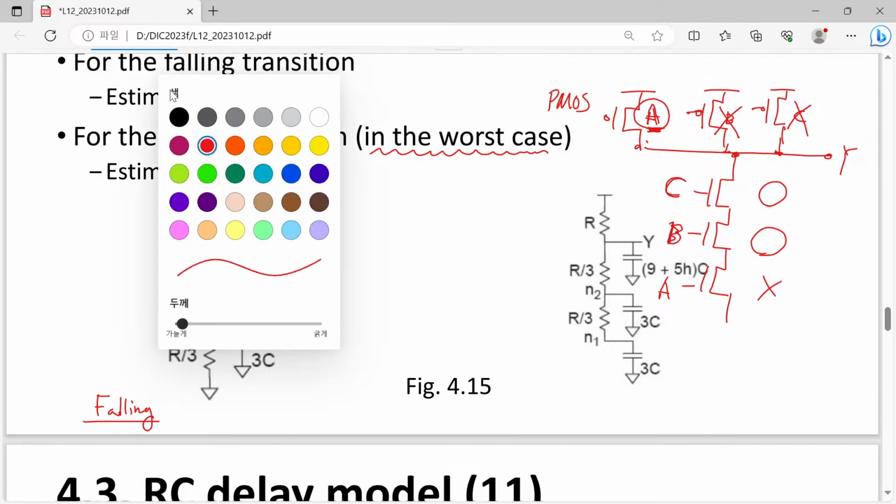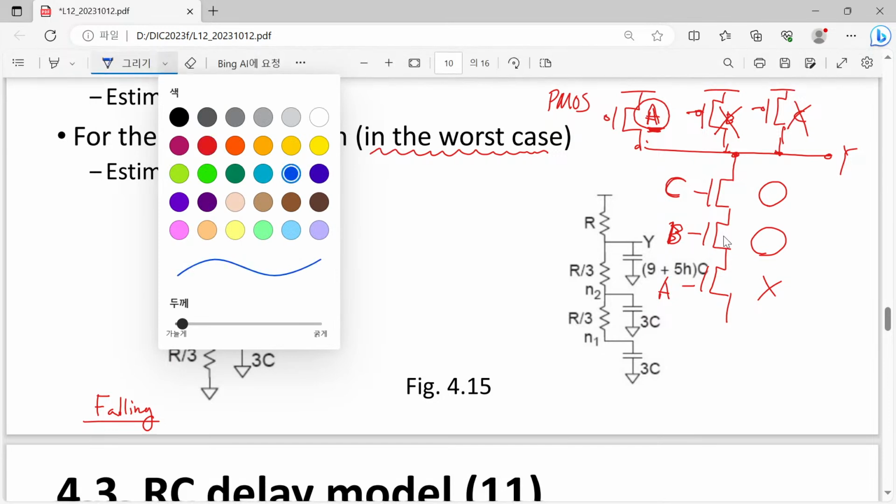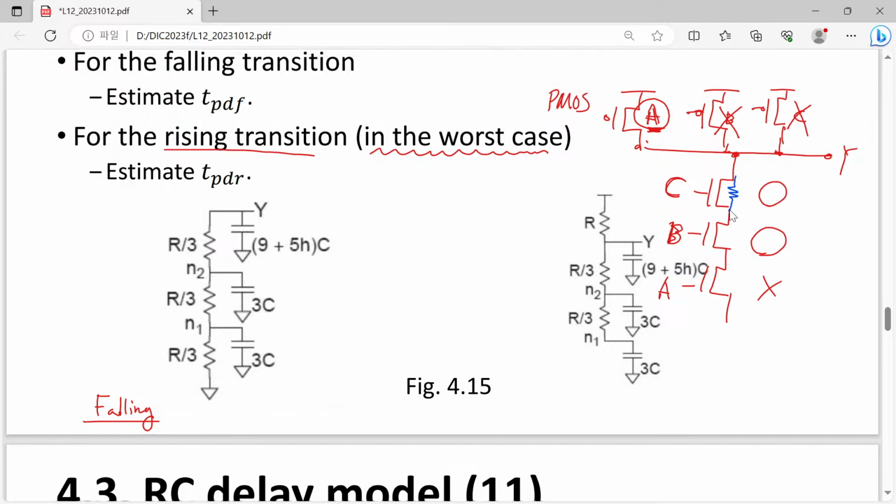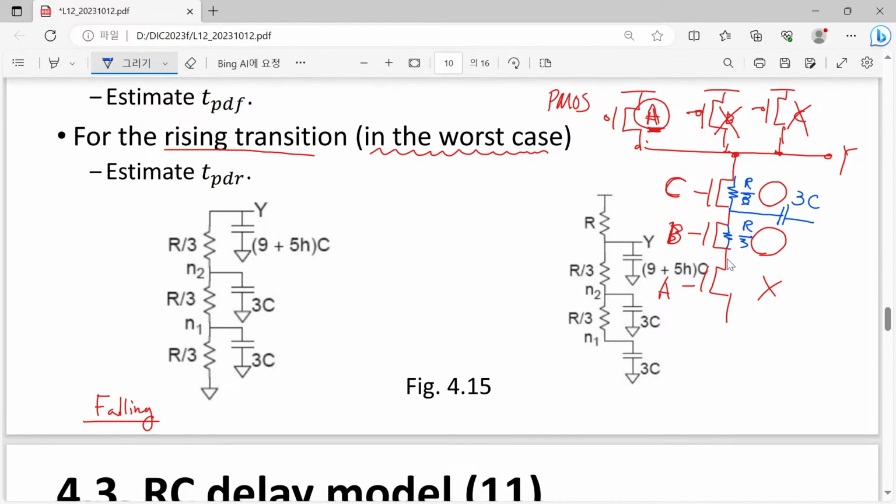In this worst case, since C is turned on, we can see the contribution like R over 3, and here we can see the 3C. And even the transistor B is turned on, so we can see R over 3 again, and here we have once again 3C.